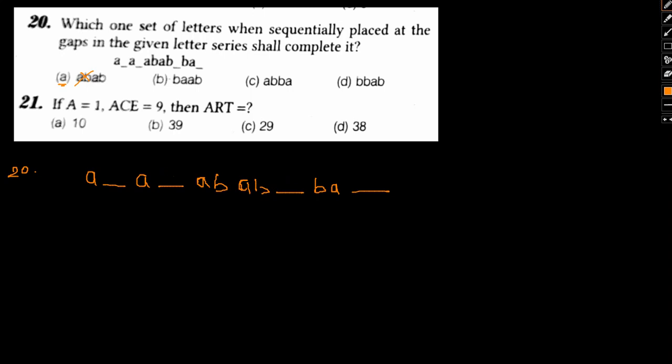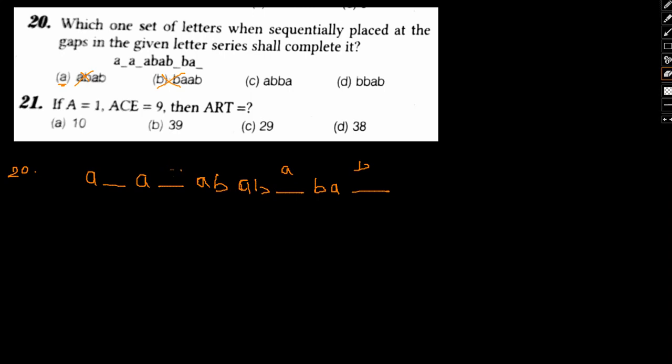Next up, let's try with option B. We put A B here, A B. So A B triple A B A B A B A B. Again, it does not make any sense. So option B is also nullified that way.